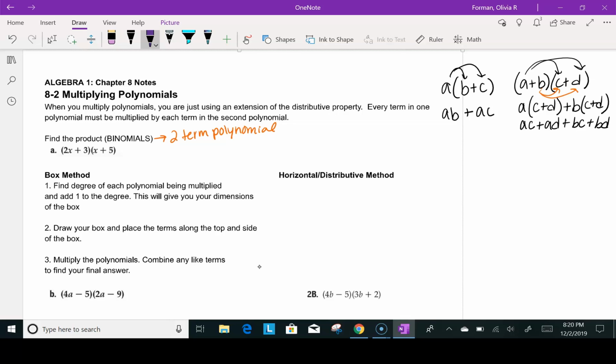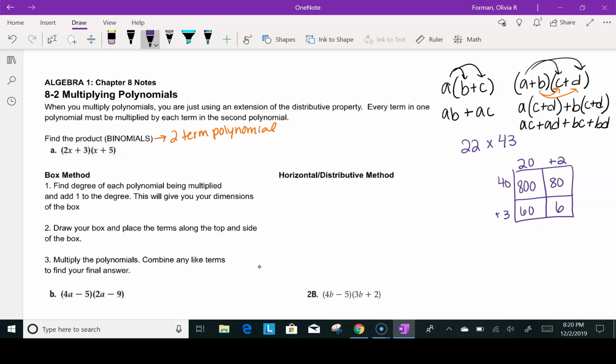If you remember back in elementary school or middle school, you might have used the box method for area. If you wanted to multiply 22 by 43, you might have said 20 plus 2 and then 40 plus 3 in a box, and then multiplied. So you get 2 times 3 is 6, 40 times 20 is 800, 2 times 40 is 80, 20 times 3 is 60.